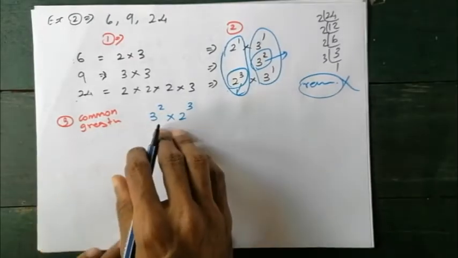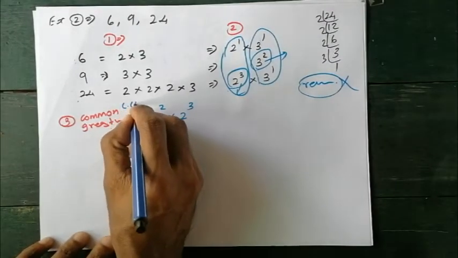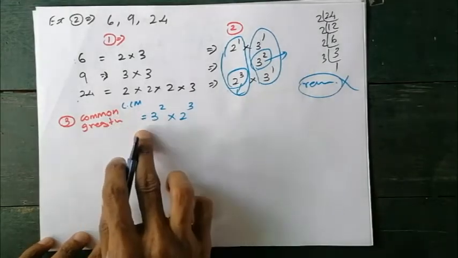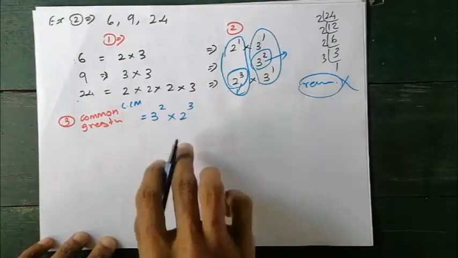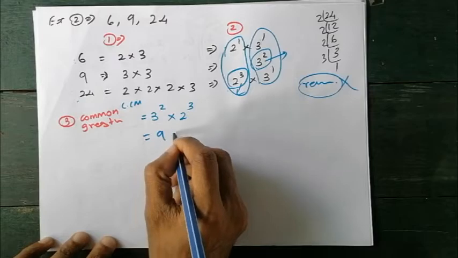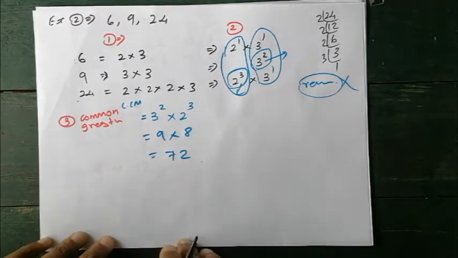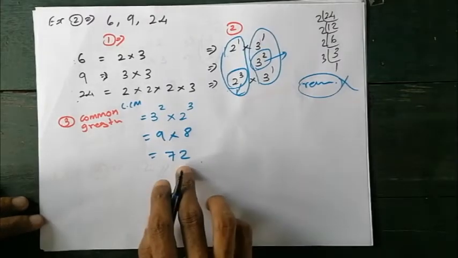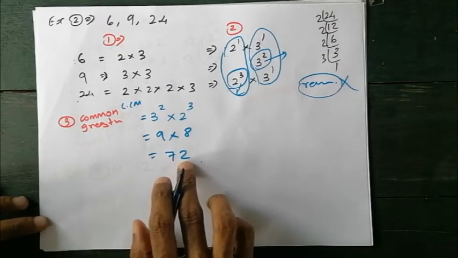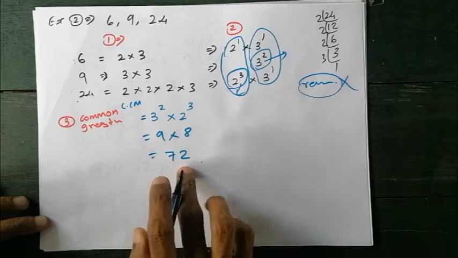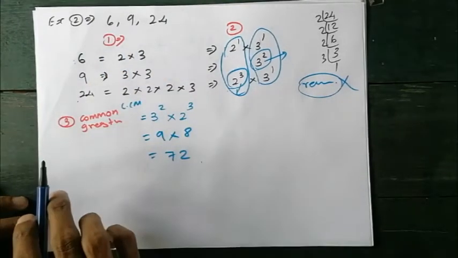Okay, so the third step is finding the LCM. LCM equals 3 squared into 2 cube. So 3 squared is 9, 2 cube is 8. So 9 into 8 is 72. So 72 is the least multiple which can be divided by these 3 commonly.